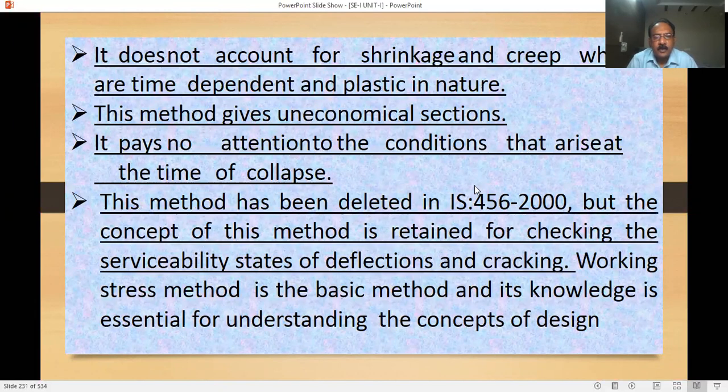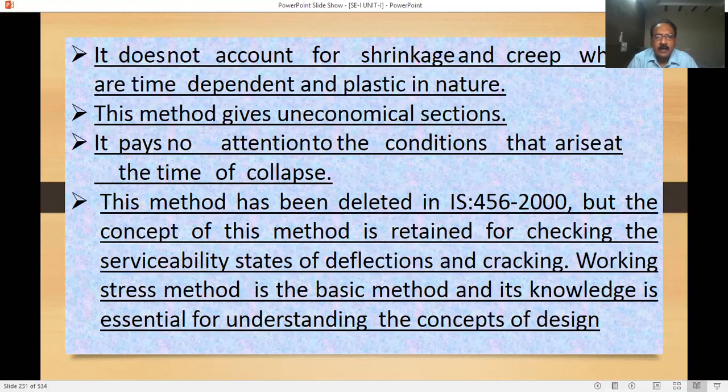It does not account for shrinkage, creep, and serviceability conditions, which are time dependent and plastic in nature. This method gives uneconomical sections. This method is very uneconomical. It pays no attention to the conditions that arise at the time of collapse. There is no indication before going to collapse.